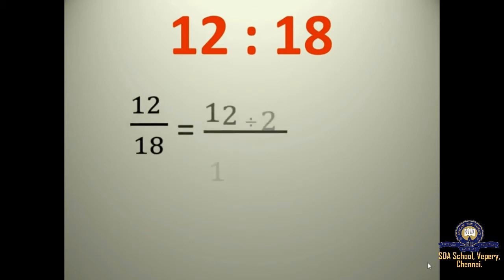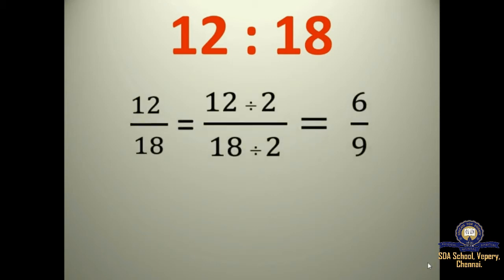In order to find an equivalent ratio, we divide both the values 12 and 18 by 2, and we get 6 by 9.